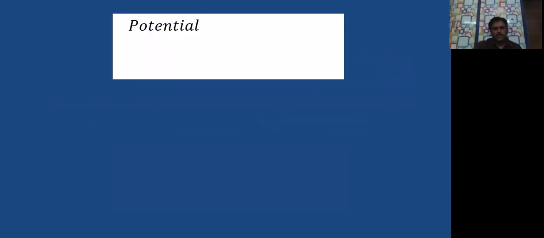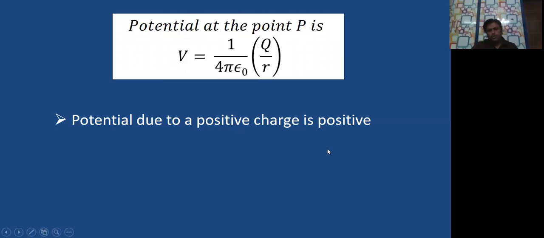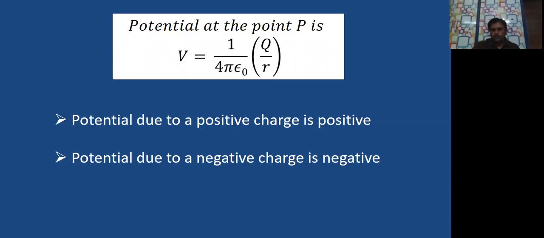The first one, and before I go to that, potential at the point P is V is equal to 1 by 4 pi epsilon 0 Q by R. And I would like to tell you two important points before I go to the numericals. Number one, potential due to a positive charge is positive. Number two, potential due to a negative charge is negative.